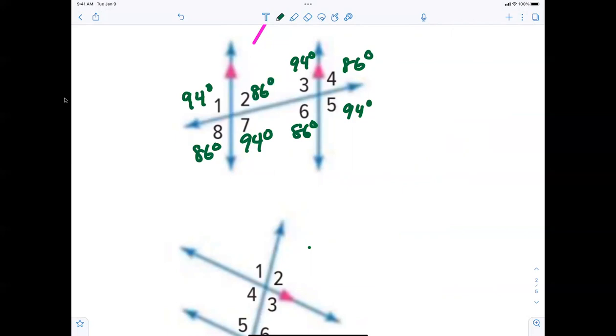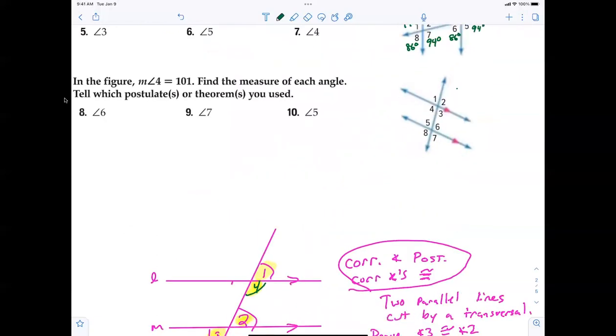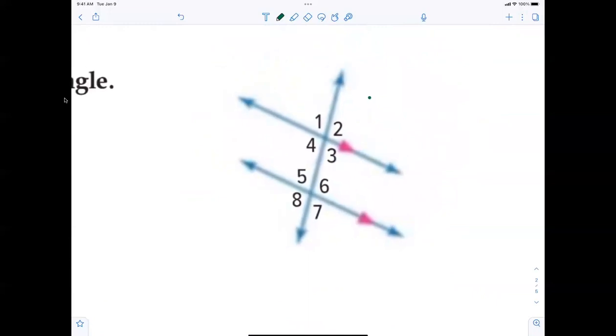So anybody have any questions naming these? Very simple. So let's knock out the next one. Angle 4 is 101. You don't even have to write this one down. If angle 4 is 101, what is the measure of angle 2? 101. What's the measure of angle 6?